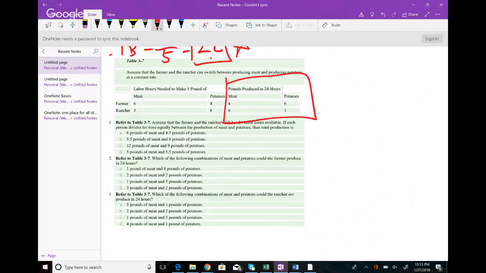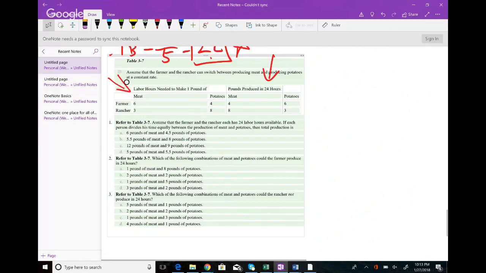All right, let's look at the first question. It says, assume the farmer and rancher each has 24 hours available. If each person divides time equally between the production of meat and potatoes, then the total production is how much? I know I said I wish we'd just use the table on the right, but for the first question we're going to use the one on the left, because it's asking for 24 hours available.